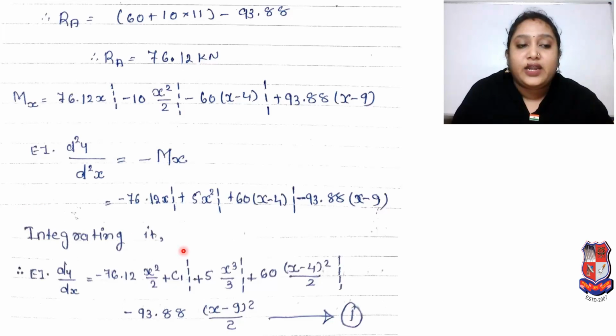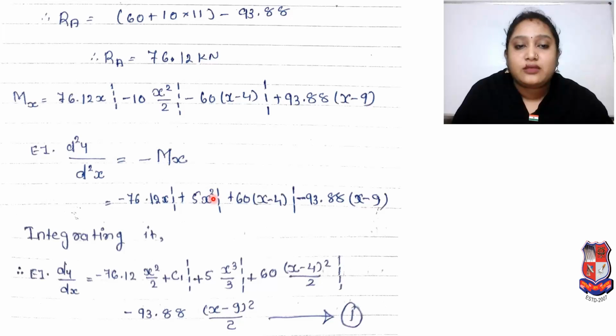We have to integrate it, means we have to do EI into dy by dx. So what will that be? For 76.12x, the minus sign is there, and whatever power is there, we add 1 and divide by the total power. So minus 76.12 into x square by 2 plus C1. Constant C1 will be with the first term.